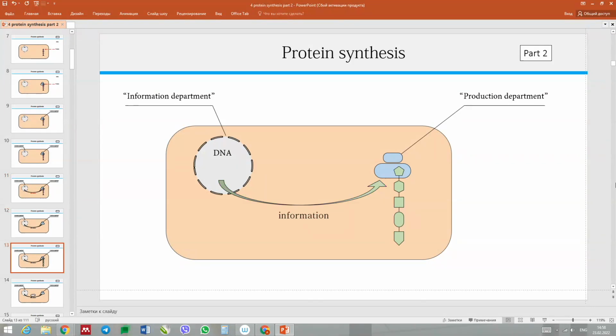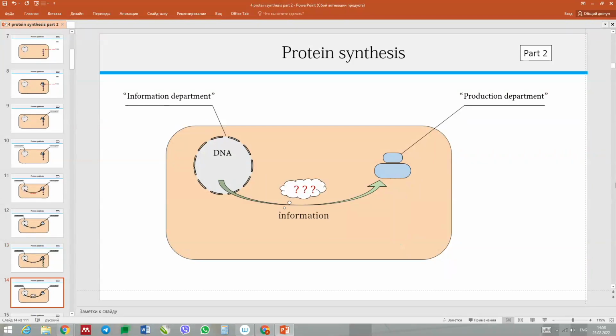And this is an example when another portion of genetically encoded information, information about, let's say, protein 2, was used to construct another structure of another protein.